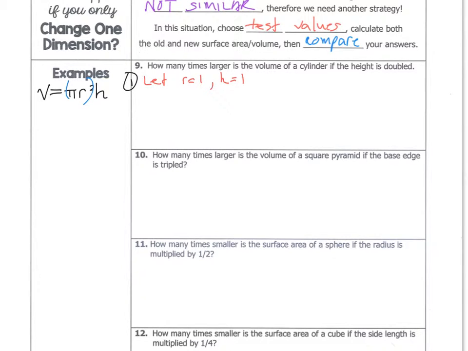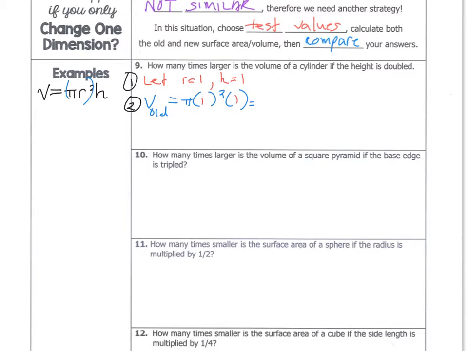So then step 2, we're going to find the old volume. So volume old is going to equal pi times 1 squared times 1 for the height. So what does that give us?